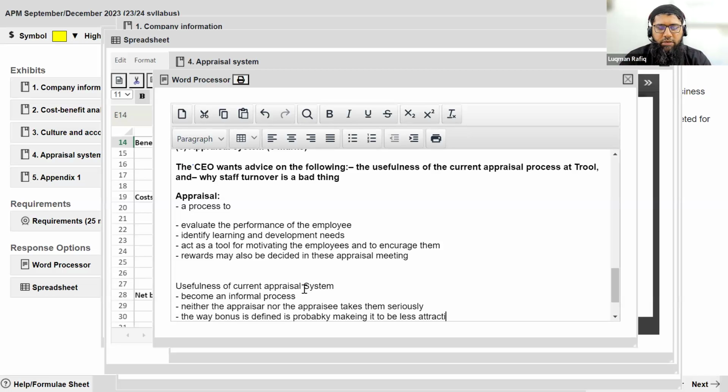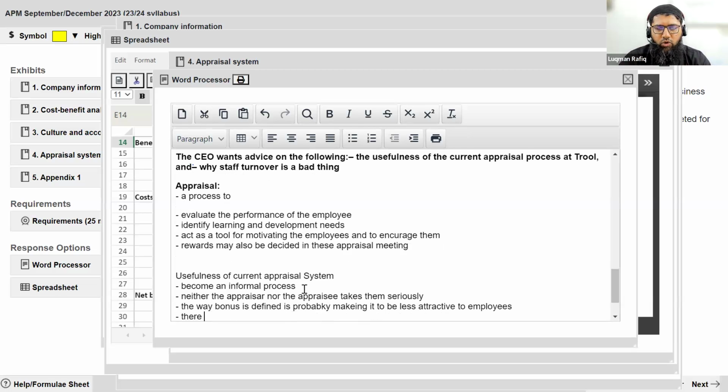There are as such no development needs identified, and it is just a tick box exercise that is adopted.